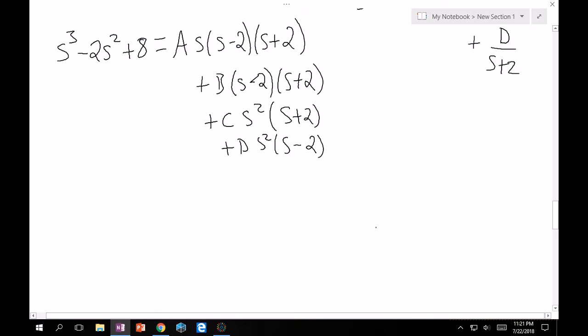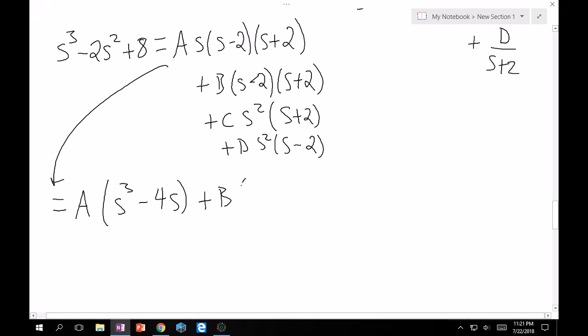So from here, what we want to do now is to expand the right-hand side. Okay, and that might seem counterintuitive, but it will help us, I promise, as we solve this. So the right-hand side, if we now just focus on the right-hand side, this term right here is going to yield a times s cubed minus 4s. Okay, that's good.